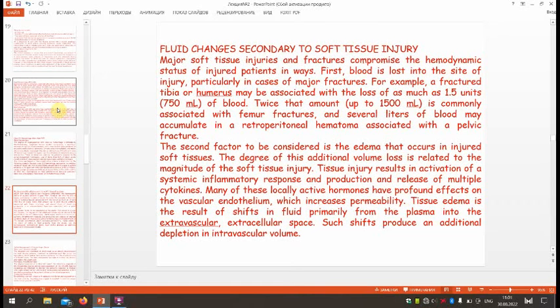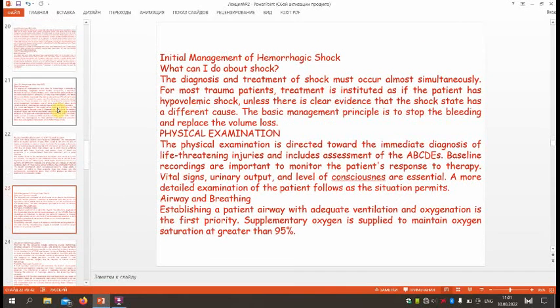Many of these locally active hormones have profound effects on the vascular endothelium, which increases permeability. Tissue edema is a result of shifts in fluid primarily from the plasma into the extravascular, extracellular space. Such shifts produce an additional depletion in intravascular volume.